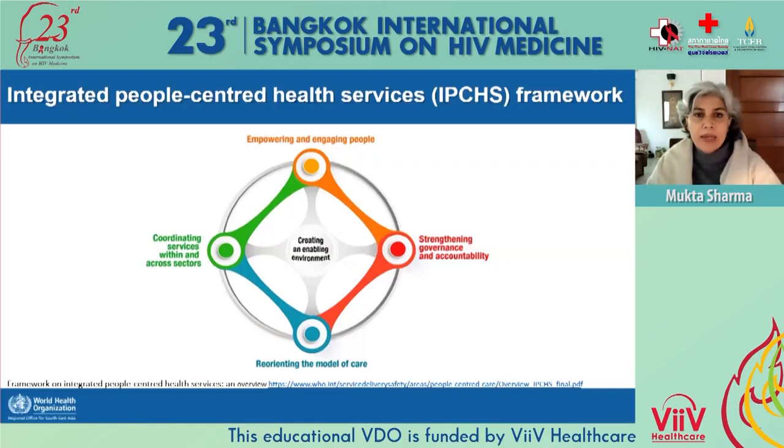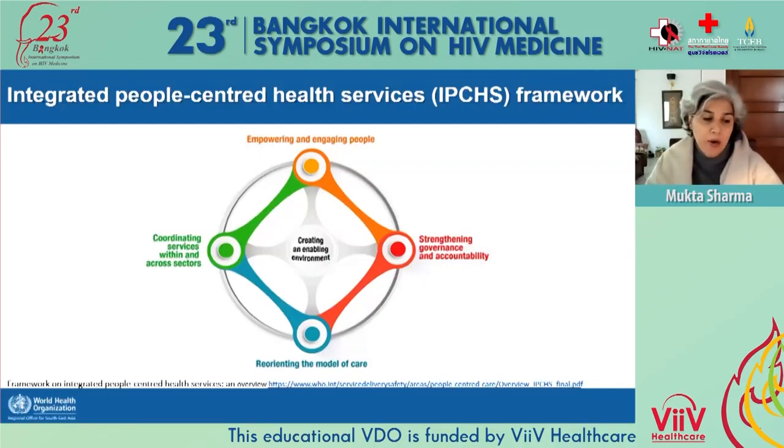And these key pillars are around empowering and engaging people. This is not a concept which is unfamiliar to those of us who work in HIV. We've always talked about key population-led health services. We've always talked about community engagement. But this is a concept which is relatively new in many other areas and diseases. For HIV, we understand it very well.